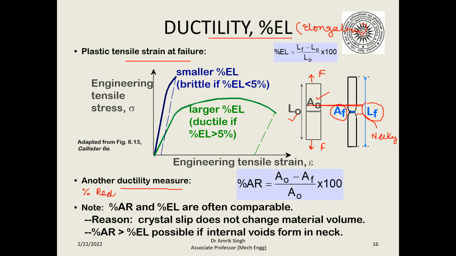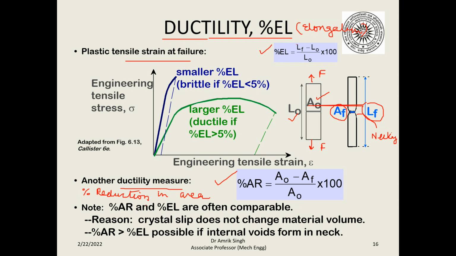A0 is the original cross section and AF is the final cross section, so A0 minus AF divided by A0 gives us the percentage reduction. So that means there are two measures to define ductility. If we want to measure ductility, we have to calculate the percentage elongation and the percentage reduction in area.